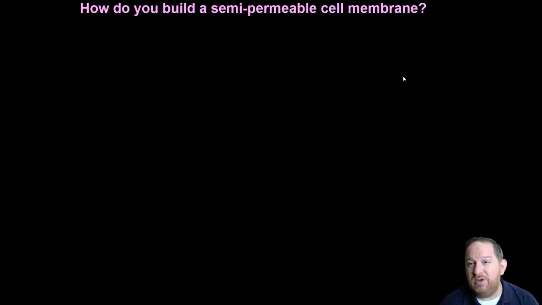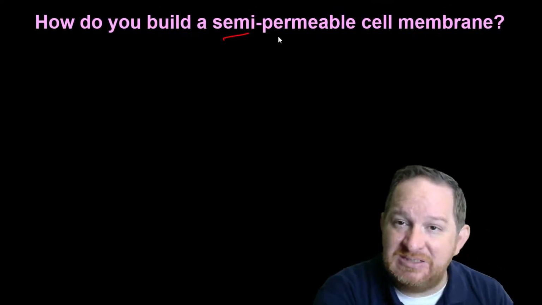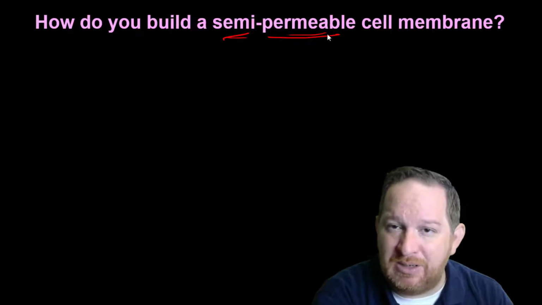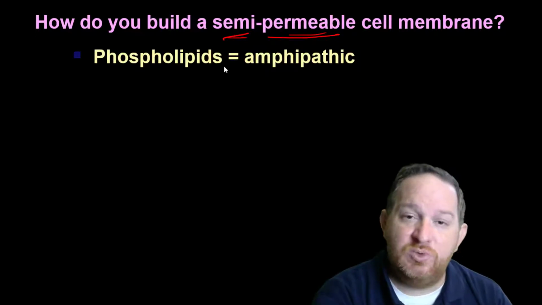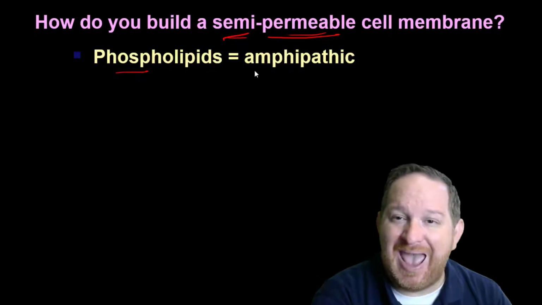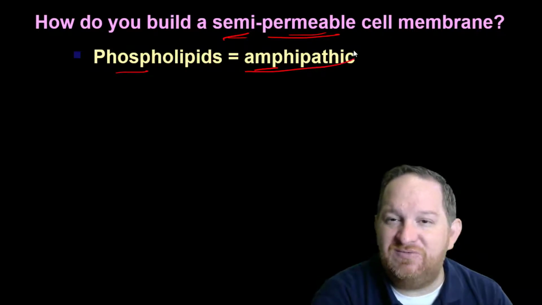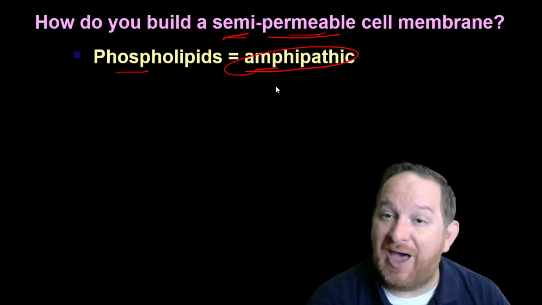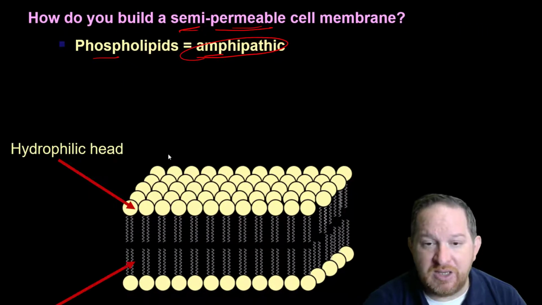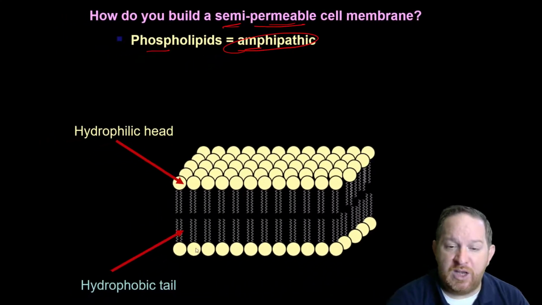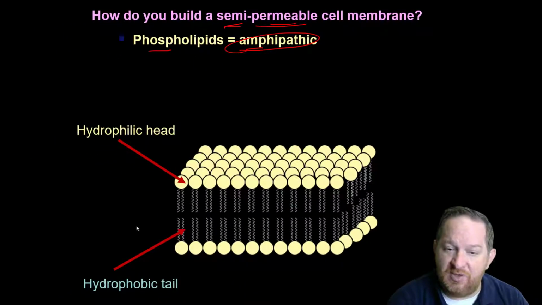So, how do we build this membrane that needs some things to permeate? It's semi-permeable, right? Some things go across. And of course, we talked about the phospholipid being amphipathic. That's just a fancy word, you remember, for both hydrophobic and hydrophilic. So here we are again. We've got our head, we've got our tails down here, and then we've got this other layer, right? So this is, again, a bilayer.